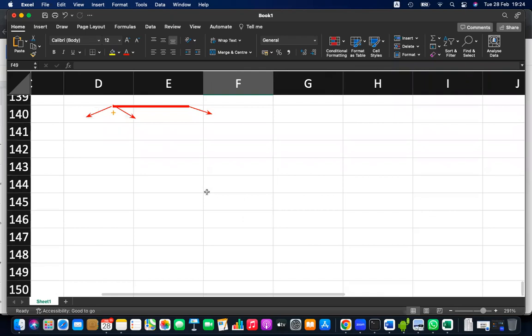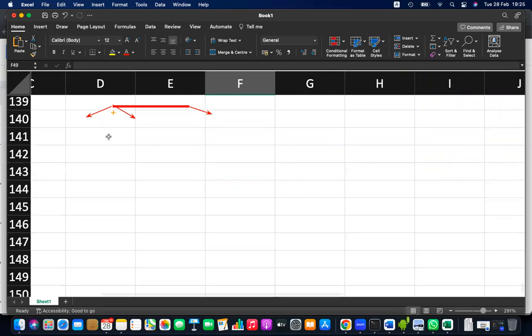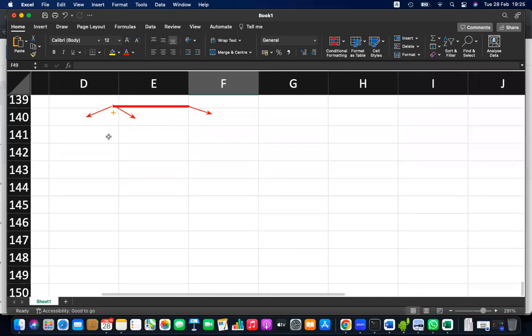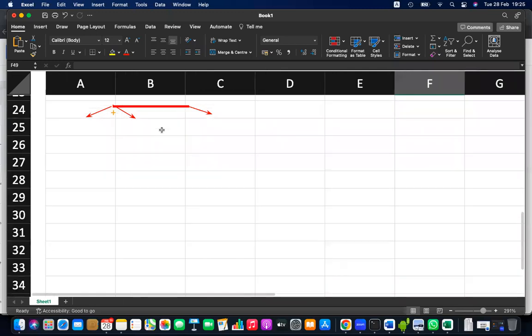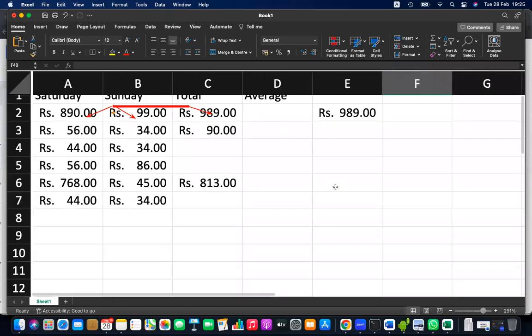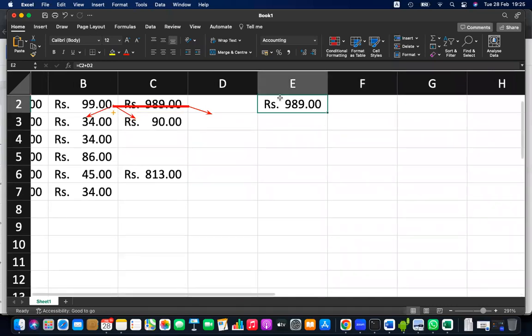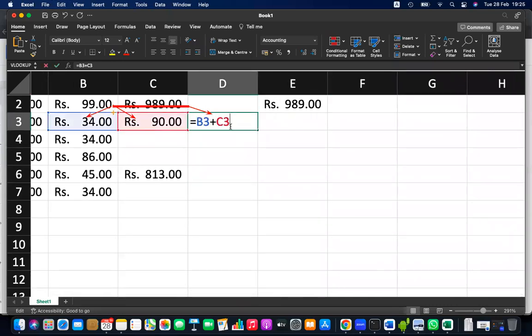If I copy this down here, F140, it is D140, E140. Copy it somewhere, it will reference the similar reference. And if I copy it here to this place, it is adding B3, C3. Okay. Did you understand what relative reference is, and how it works?